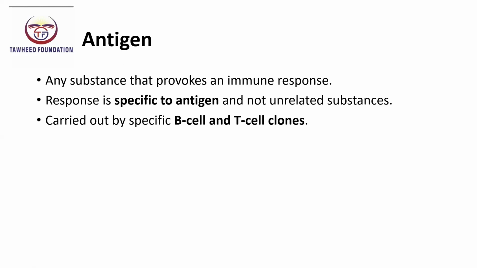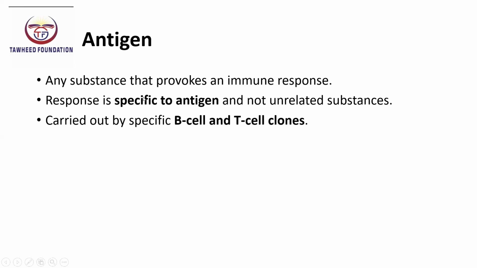So in today's class, we will cover the definition of antigen, their types, how they are recognized by B cells and T cells, the structure and function of antibodies, and the role of major histocompatibility complex molecules. So let's begin with the definition and basic concepts of antigen.